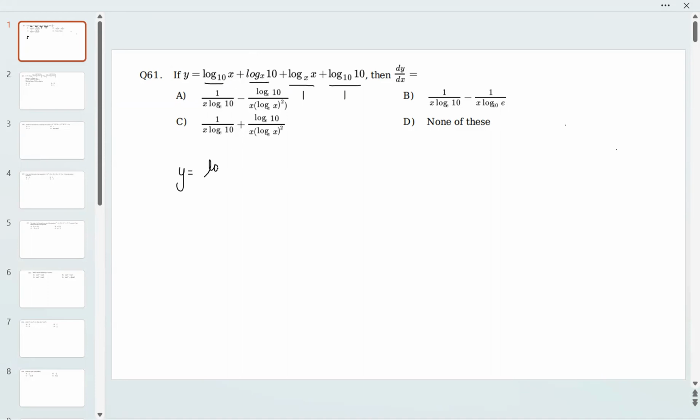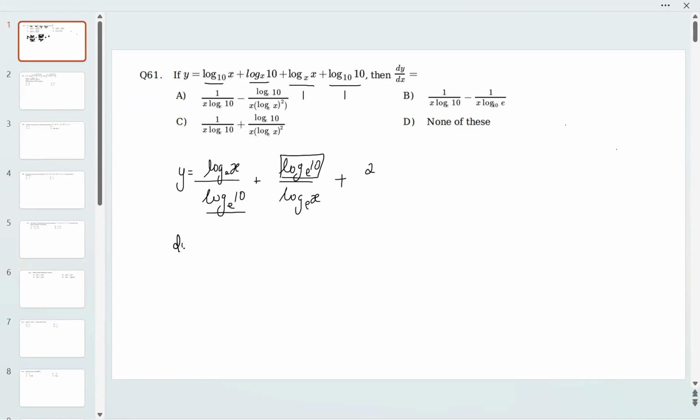So we'll get log x to the base e upon log 10 to the base e plus same here, log of 10 to the base e upon log of x to the base e, and this 1 plus 1 will be 2. Now, log of 10 to the base e, this term and this term, both are constant.